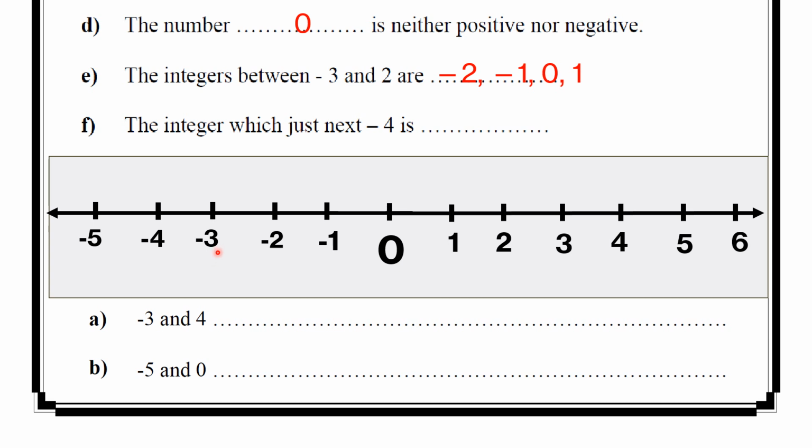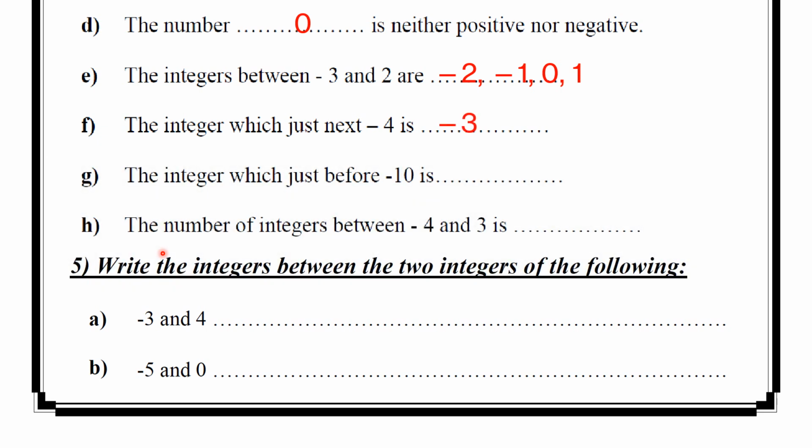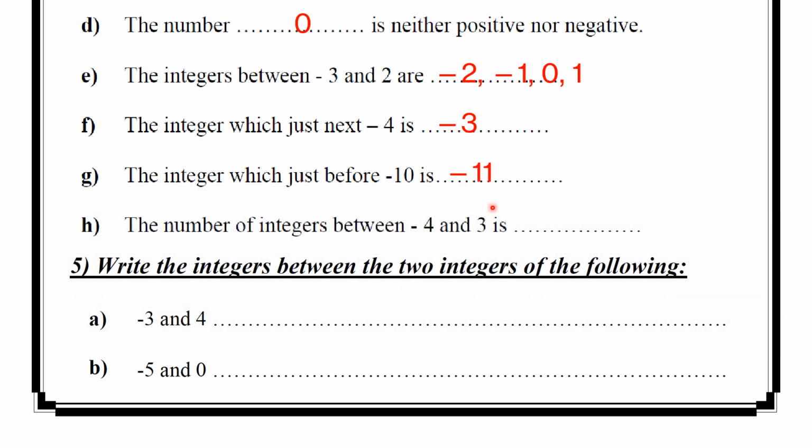So here the negative 3 is just next to negative 4. Now the integer which is just before negative 10, as we said, the negative integers are crazy. So what is before negative 10 is negative 11. So the answer is negative 11.